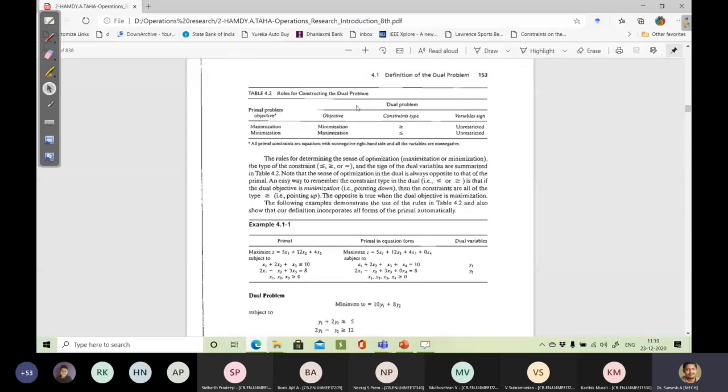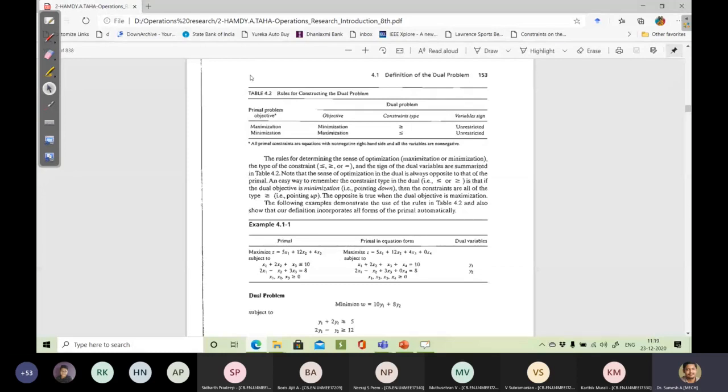I think you are able to view the book on the screen. Am I right? Sir, what's the book name, sir? It is Operations Research by A.M. Taha. It is already given in your reference book.